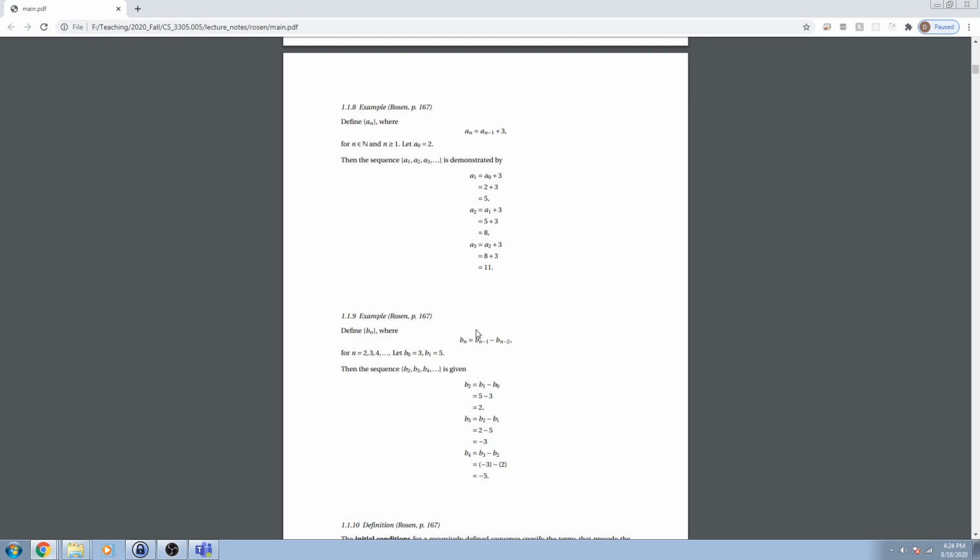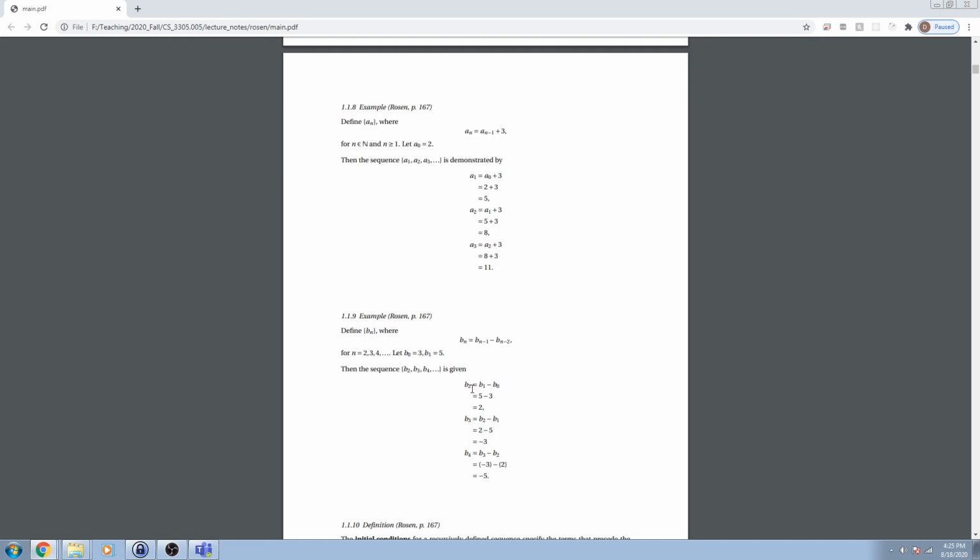Well, in this case, because we're looking at the previous two terms, we need two base values. We need two initial terms to our sequence, both B0 and B1. Otherwise, we still wouldn't have enough information to compute even that first computed term in the sequence.